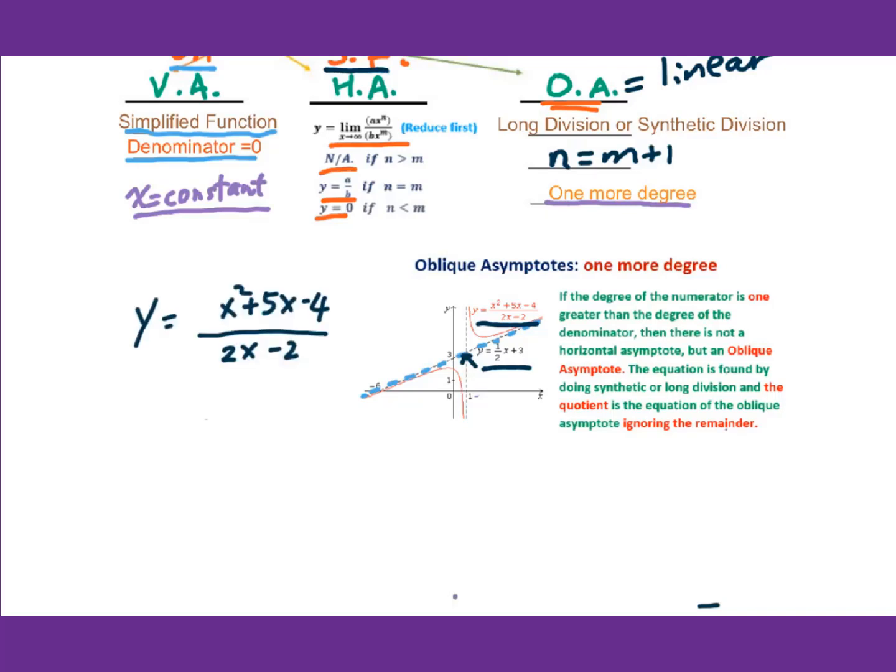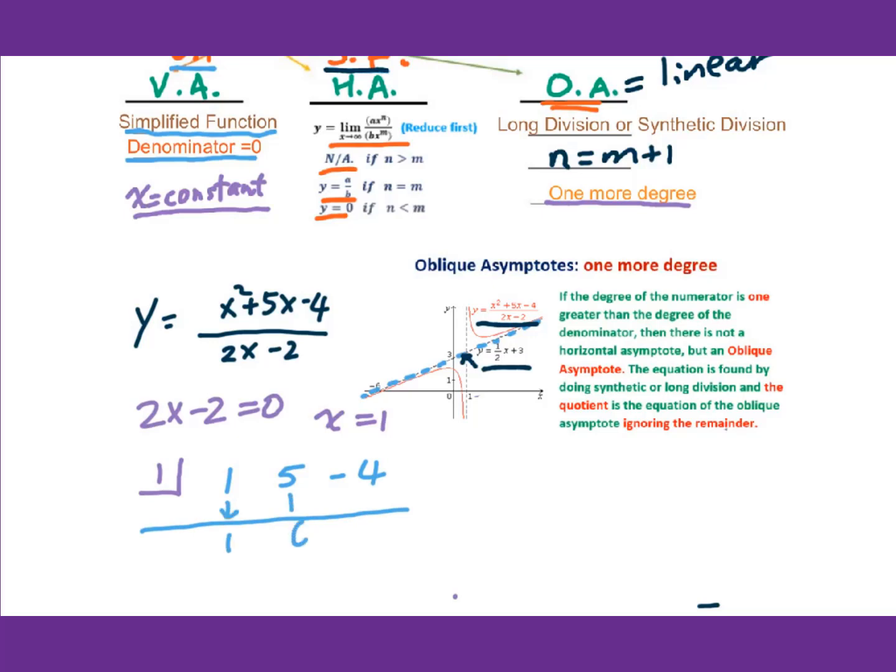Since the denominator is a linear function, we can use synthetic division this time. Set up 2x minus 2 equal to 0, so x equals 1. We set up 1. Then we write 1, 5, negative 4. You will get the 1. Multiply is 1, 6. Then multiply here is a 6. This is a 2. This will be the remainder.